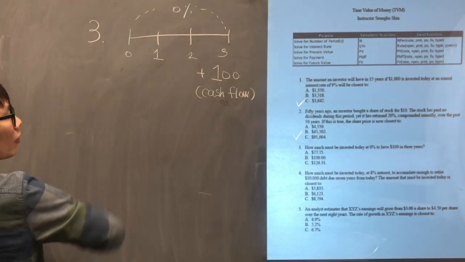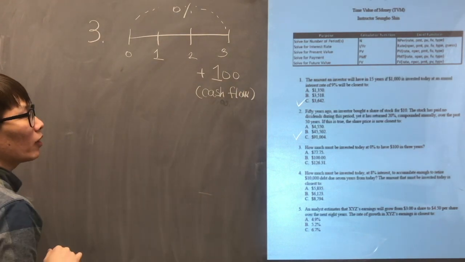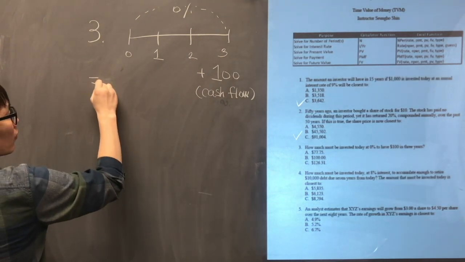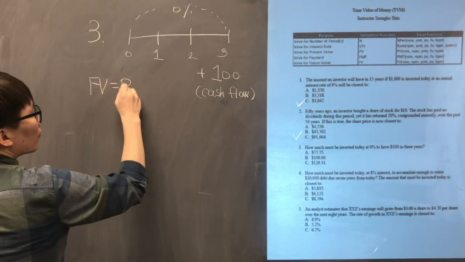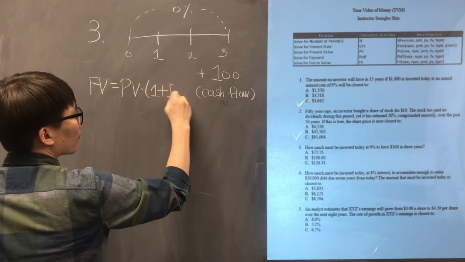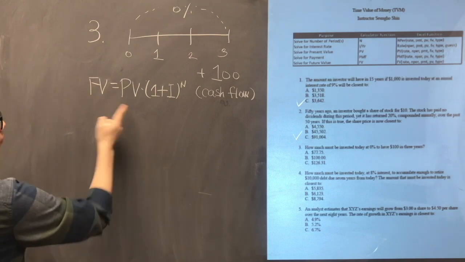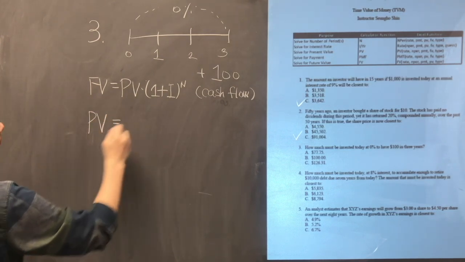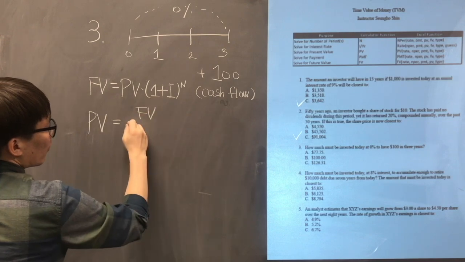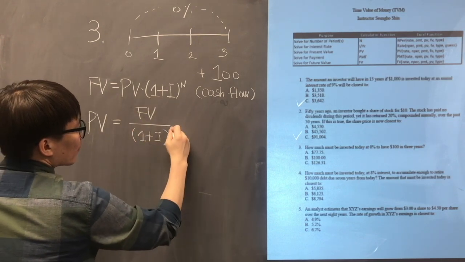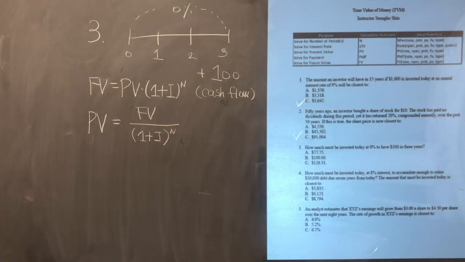So you need to invest a certain amount of money to get 100, right? If you know this formula, what is the PV? Present value equals future value over 1 plus i to the power of n, the number of years, right?